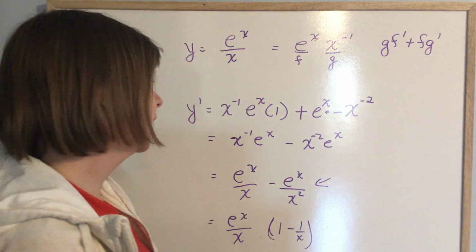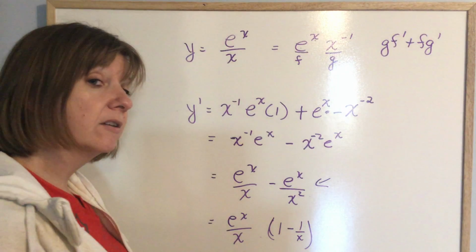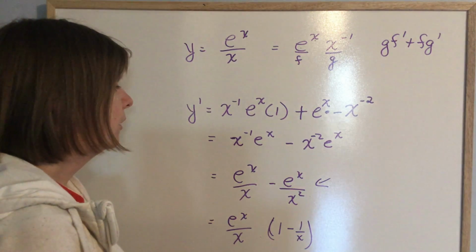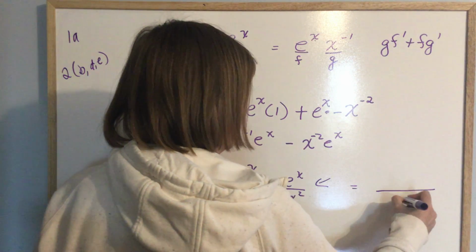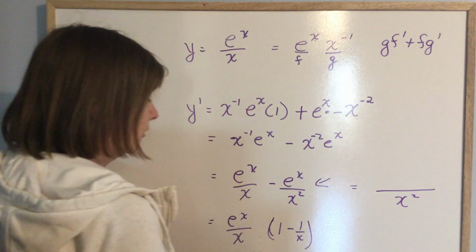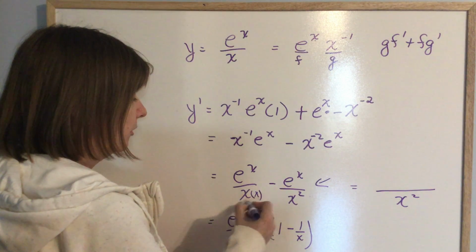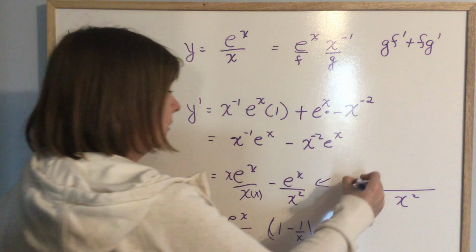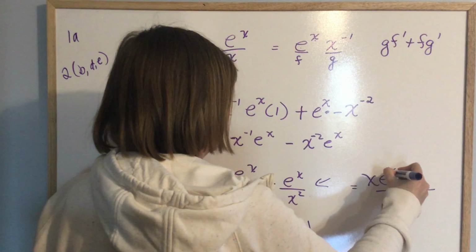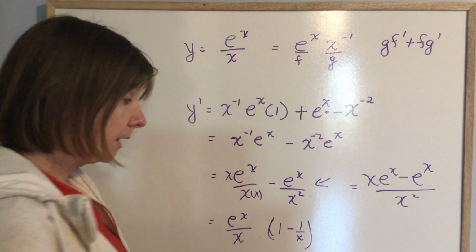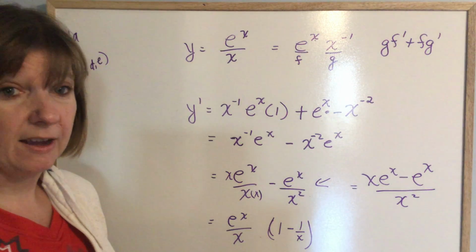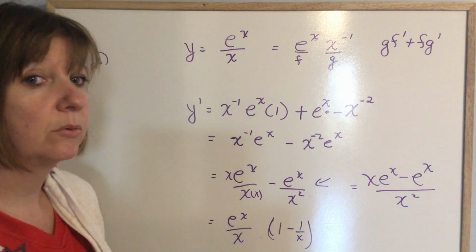Another thought that you could have, since I'm subtracting fractions, is to get a common denominator of x squared, which means I'd have to multiply the bottom by x, so I would have x e to the x minus e to the x all over x squared. That could be something that you do as well.